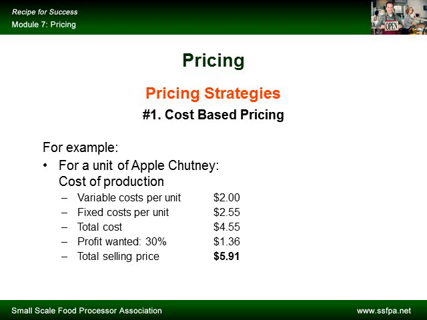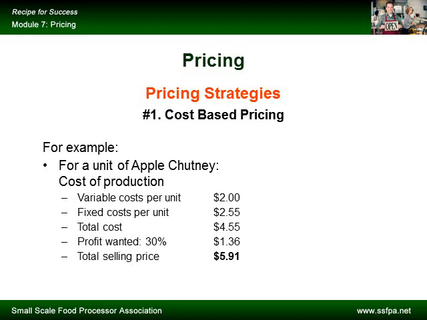In cost-based pricing, the price would cover the cost of manufacturing your product plus the fixed overhead plus a profit. Your operating cost worksheets contain the cost of producing your product plus the fixed overhead costs. In cost-based pricing, take your costs and add on a profit to determine your price. For example, for a unit of apple chutney, the cost of production is as follows.